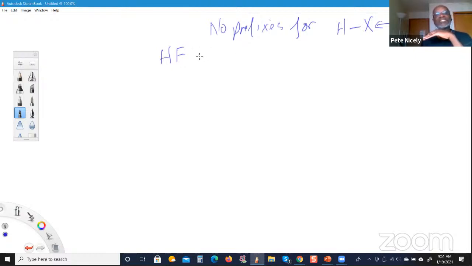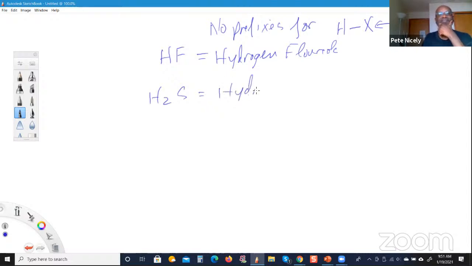So let me just give you a couple of examples. So this compound is known as hydrogen fluoride. All right, no prefix is used, right? Let's look at this one, H2S. This is known as hydrogen sulfide. All right. Let me do another one, HCl. This is known as hydrogen chloride.